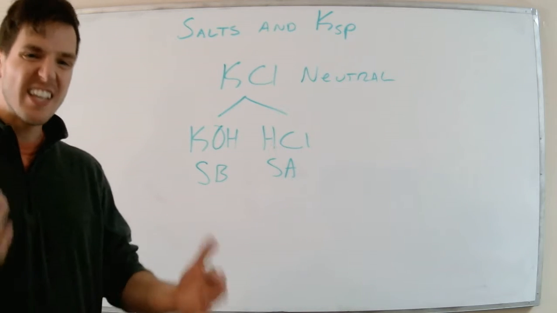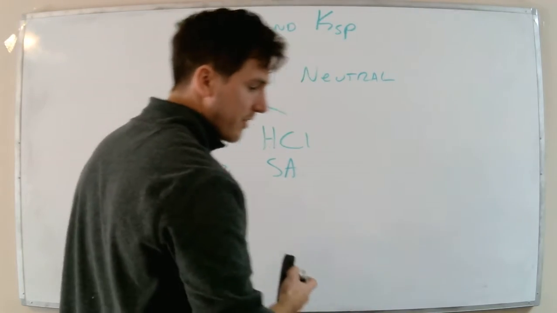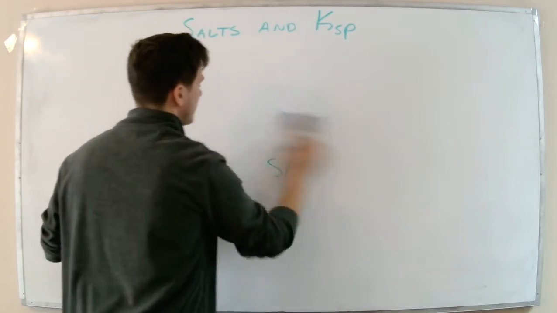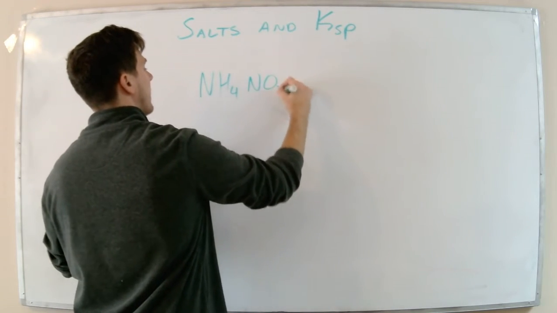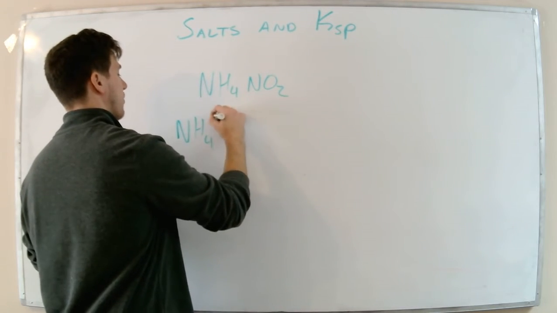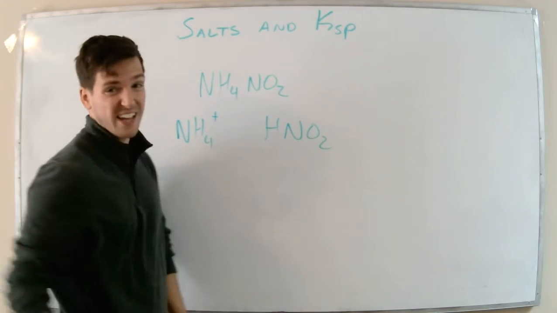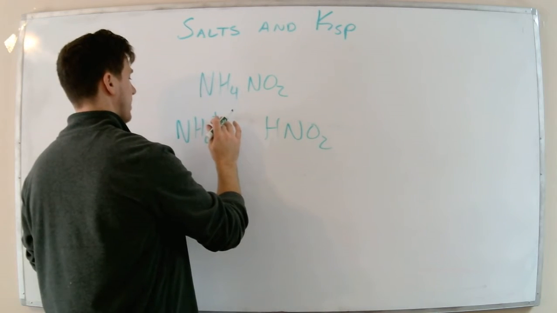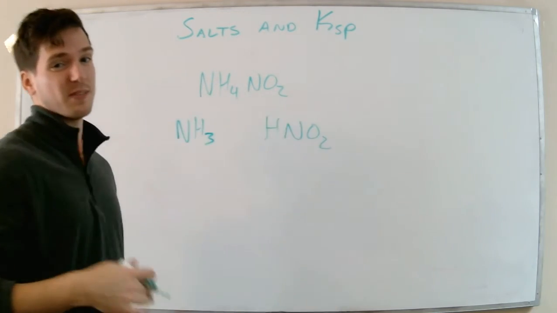Okay? There is a situation where you could have a weak acid and a weak base, and I'll show you an example of that right now. Say we just had something like NH4NO2, okay? So this would break up into NH4 plus and NO2 minus, and this would be nitrous acid, which is weak, and this would actually be NH3, which you could add OH to.